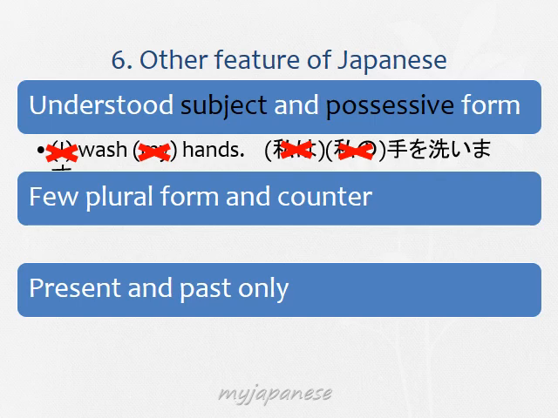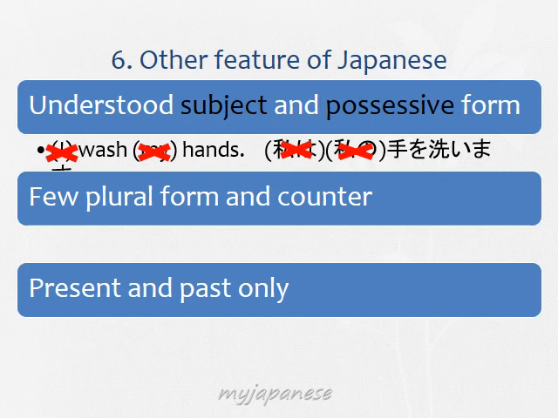We also omit things that are obvious in conversation. Next, few plural form and counter. In Japanese, generally, you don't have to change noun to nouns. There are few plural forms though. Instead, we have counter, depends on things to count.